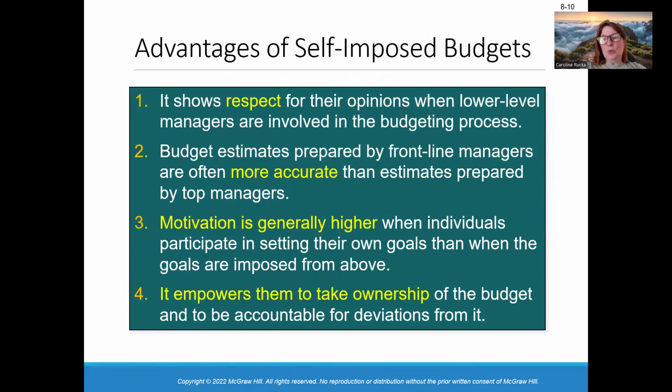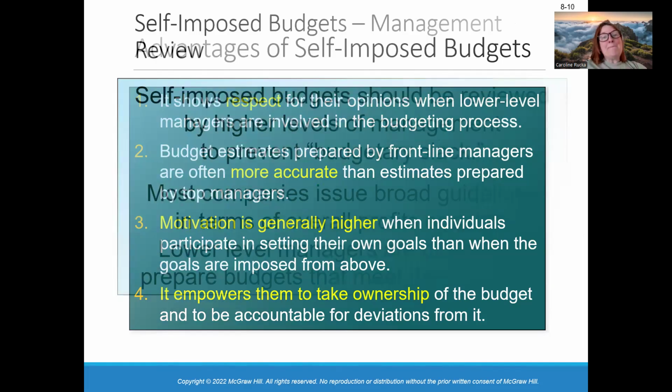When you take their opinion into account, it makes them feel empowered and take ownership for this budget. And that's a big motivator. Once you have that ownership, you get buy-in. I mean, your frontline managers are more likely to follow a budget that they had some say in.